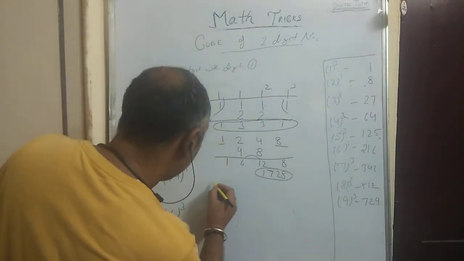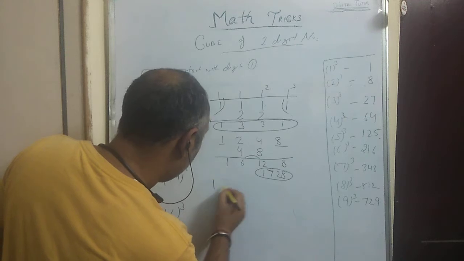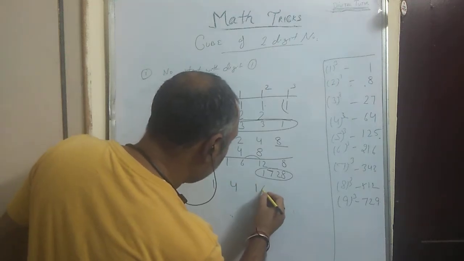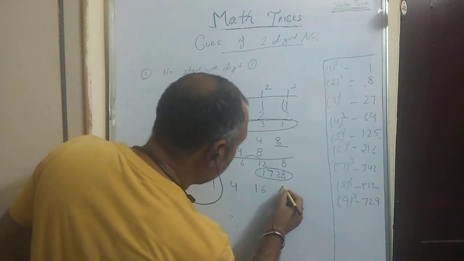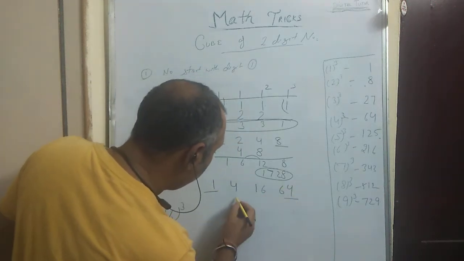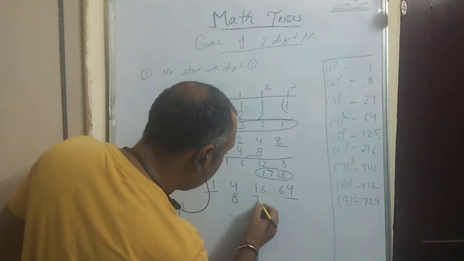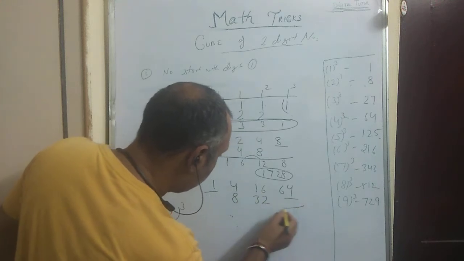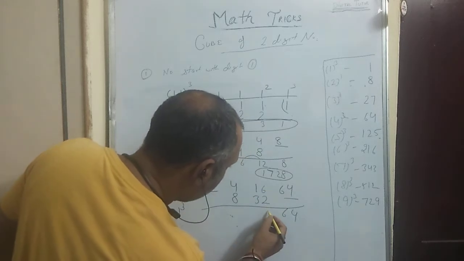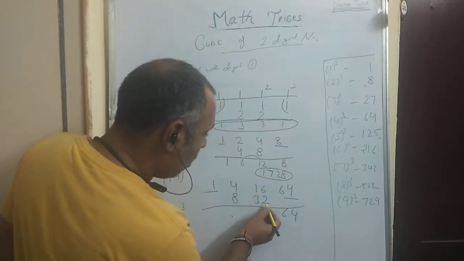Take one more example. 14. First digit 1, second 4, square of second 16, cube of second 64. Leave that, double of that 8, double that 32. That is 64. Oh, sorry.